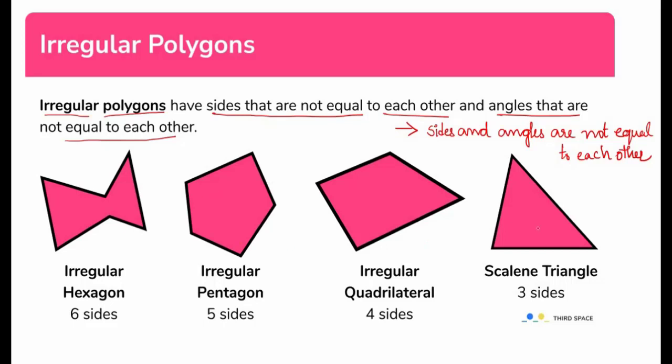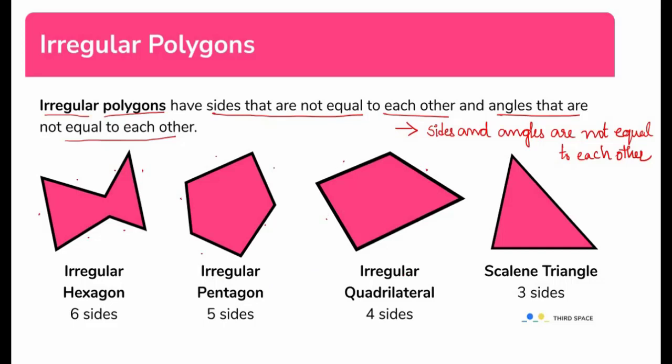Look at these figures, children. You can find out easily. This is an irregular hexagon. It has 6 sides. It is also called a hexagon, but it is an irregular hexagon because its sides are not of equal lengths. Even this shape also, children. It is a pentagon having 5 sides, but it is an irregular pentagon.